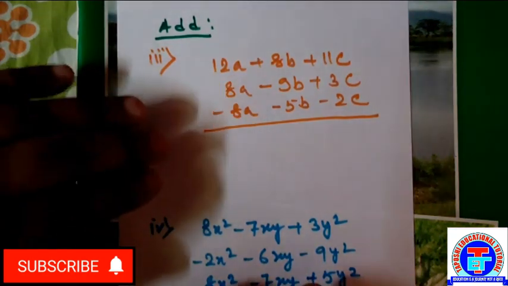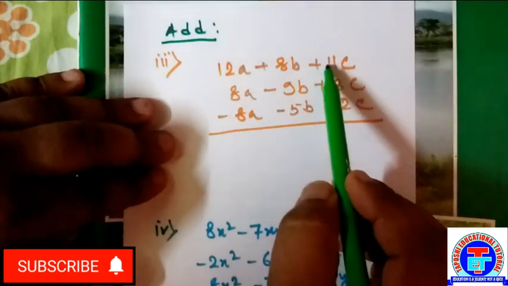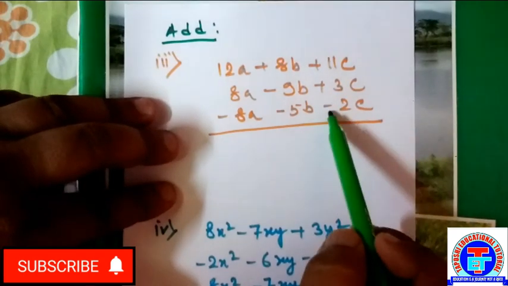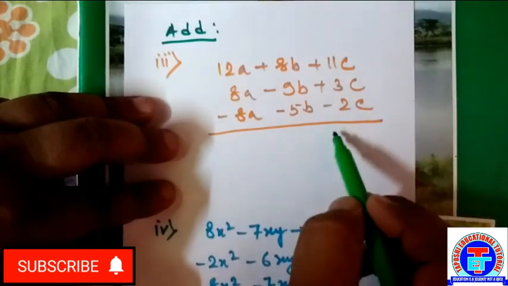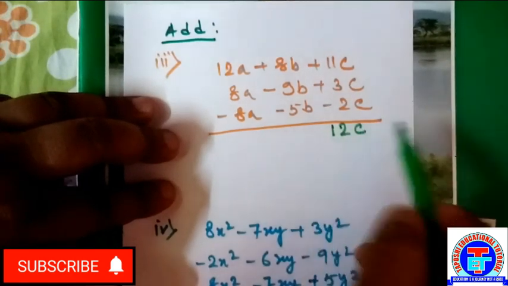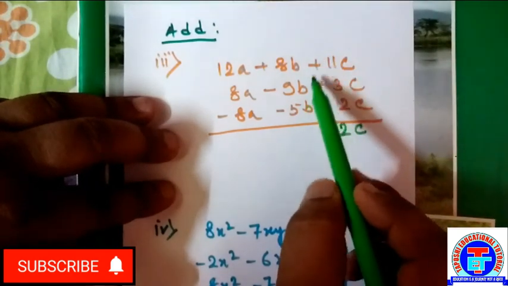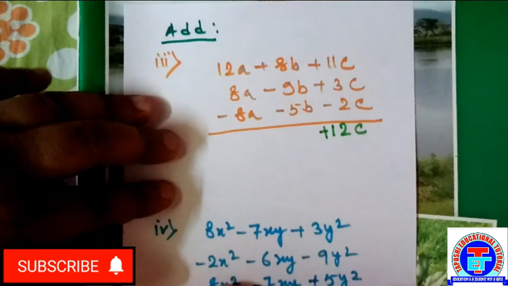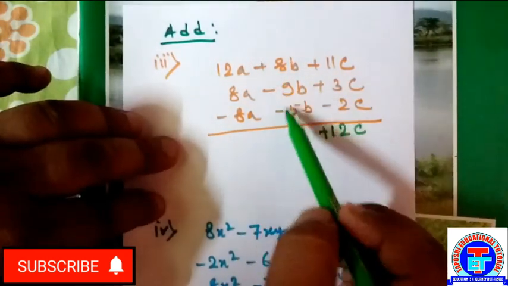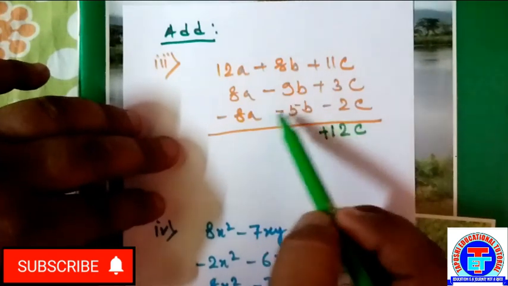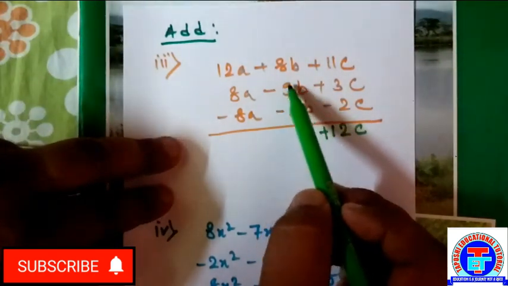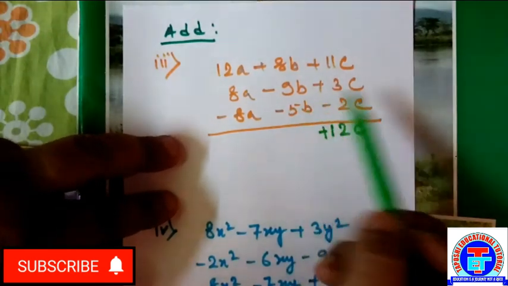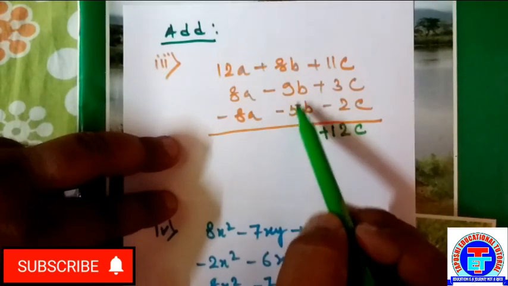Let's try. Suppose 11c and 3c are given, both in addition, so 14 and subtract 2, that means it becomes 12c. Which sign do we give? Because the plus sign has more value, we take the plus sign, right? Now the other terms are both borrowed, that means the negative sign is there. So minus 19b and minus 5b are added, but we take the minus sign.